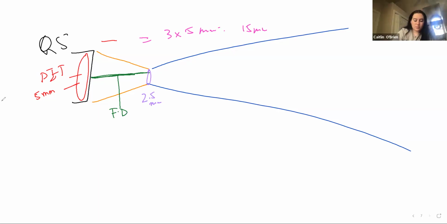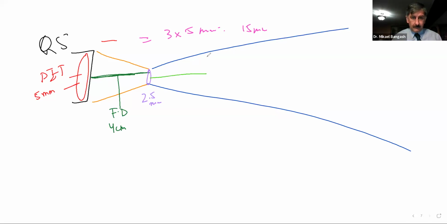Good. Let us just assume that this focal length here is 4 centimeters. If we go another 4 centimeters, what's going to be the diameter of the beam here? It's going to be back at 5 millimeters.